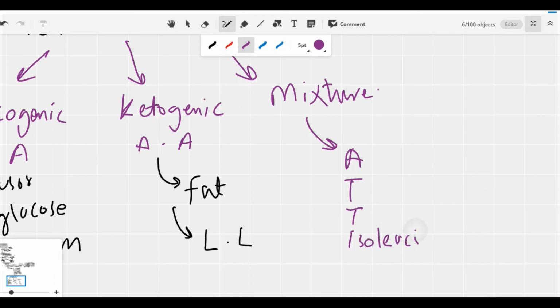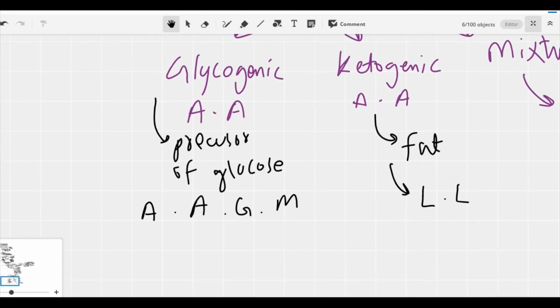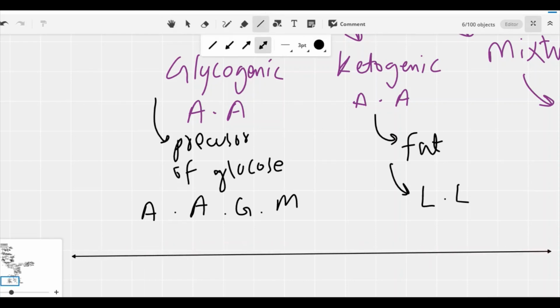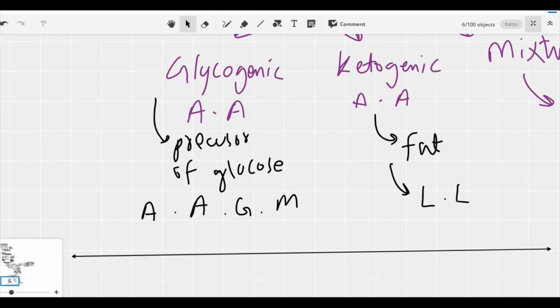These are categorized as glycogenic and ketogenic amino acids. So these are the classifications based on different aspects we did. The first one we did from the structural point of view, the second on polarity, the third on the nutritional aspect, and the fourth on the metabolic fate.